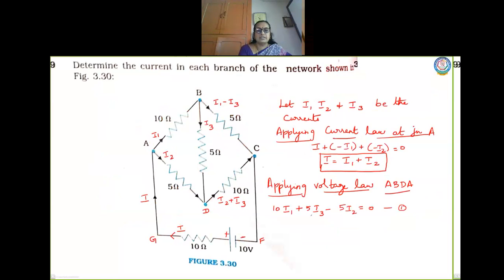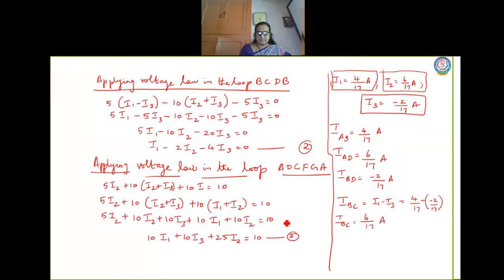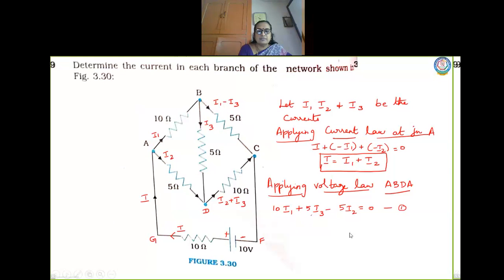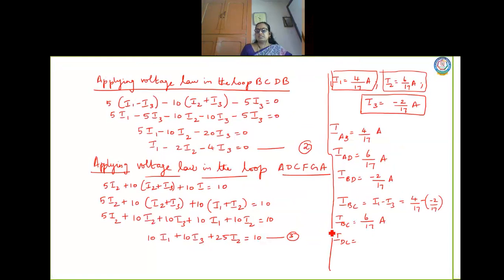Now the current in the lead DC: I of DC is I2 plus I3. It is very easy, just addition. I2 is 6 by 17 plus I3, which is minus 2 by 17. So I have IDC as 6 minus 2, which is 4 by 17 ampere. This is the current along DC.